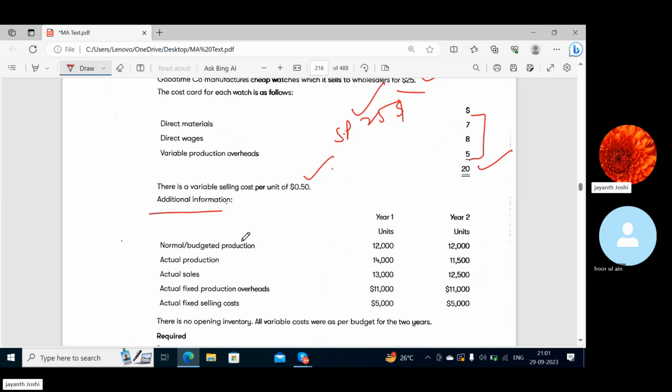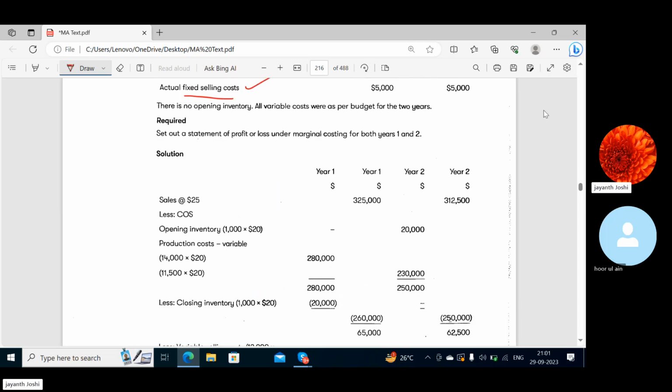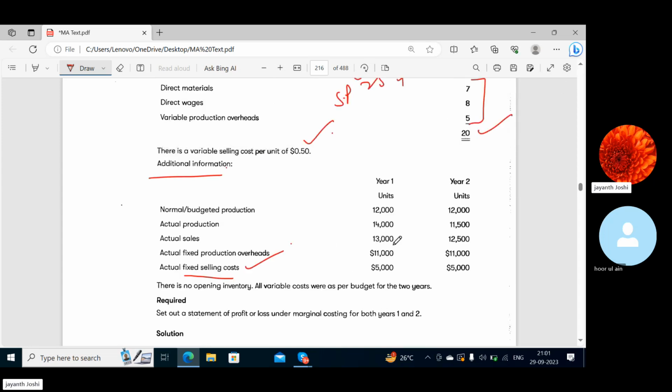Additional information: budgeted production, actual sales, actual fixed production overheads, actual fixed selling costs. Actual matters, right? So we will take the actual sales. What is the actual sales?